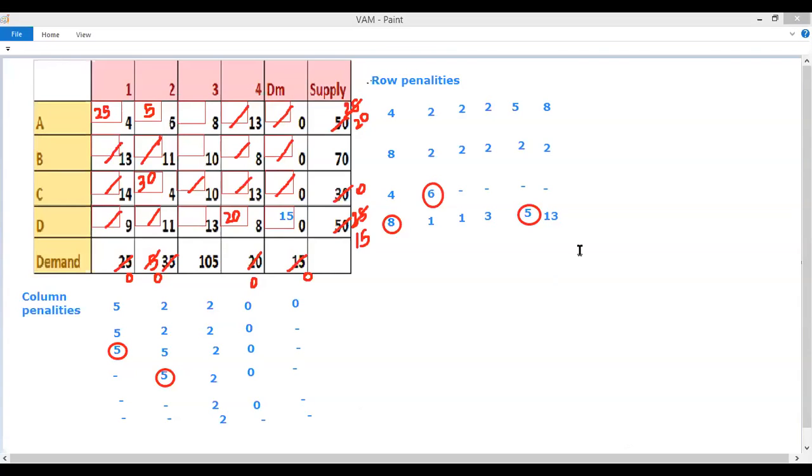And now which is the maximum value here? As you can see, which is the maximum value? This 13, yes, right? This 13 is the maximum value. So choose this particular row for allocation.